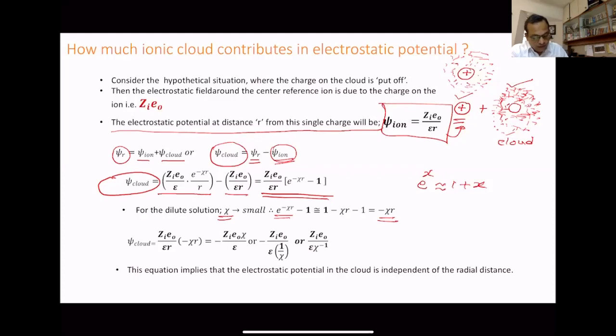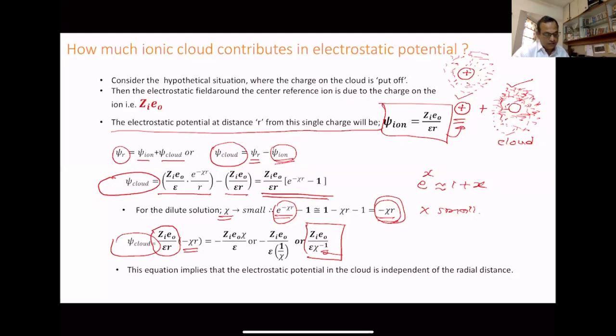So I get e raised to minus chi r approximately equal to this much if my chi is small. So my psi cloud, that is the electric potential due to the cloud, is equal to Zi E0 upon epsilon r times this quantity you have just calculated. I can rearrange this and we get this equation, which is Zi E0 upon epsilon times chi raised to minus 1. This is the Debye-Hückel reciprocal length.